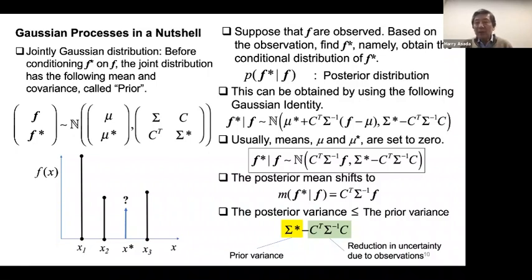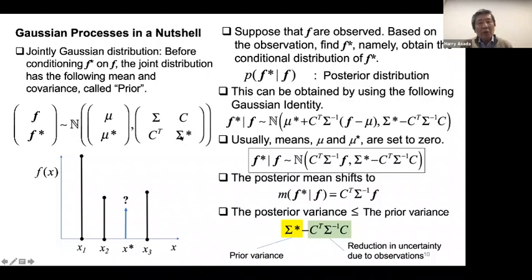The more interesting part is this covariance part. I just rewrote the covariance in here. Sigma star is the one corresponding to f star, which is in the prior covariance, the prior distribution, and this is the variance for that.